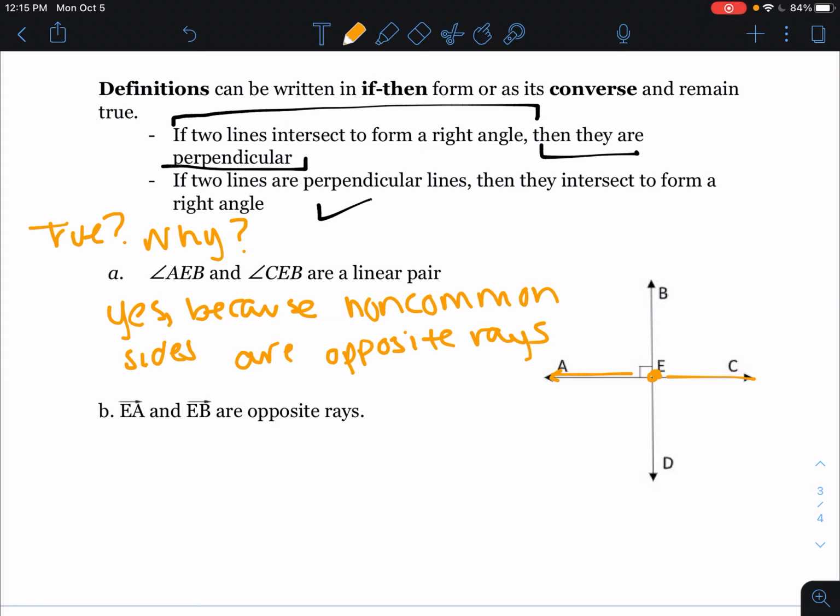This next one says ray EA and ray EB are opposite rays. Is that true from this picture? We have EA and EB. Is this true? No, because they're going in different directions.